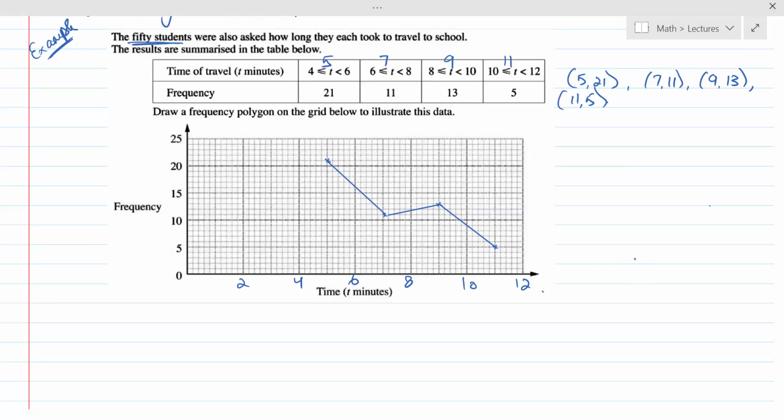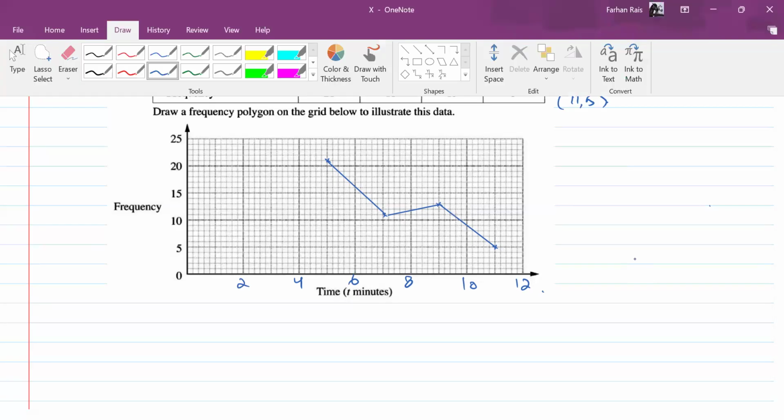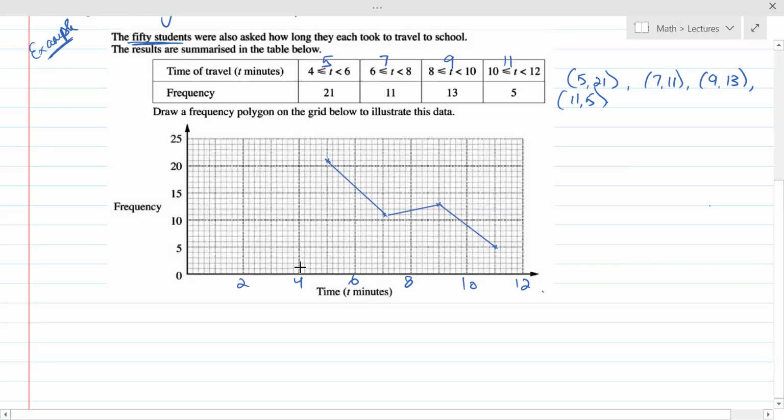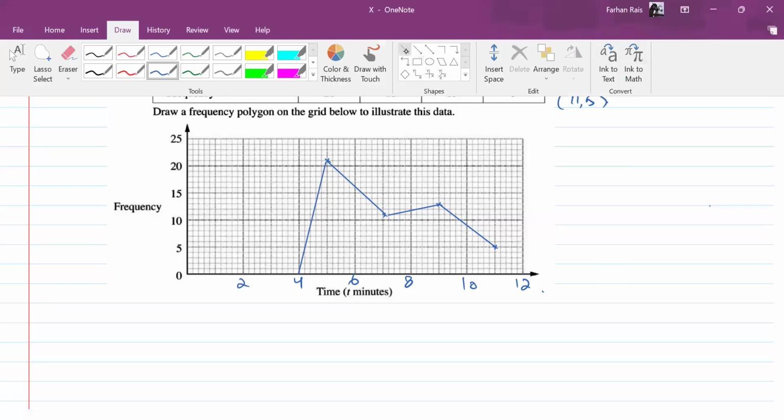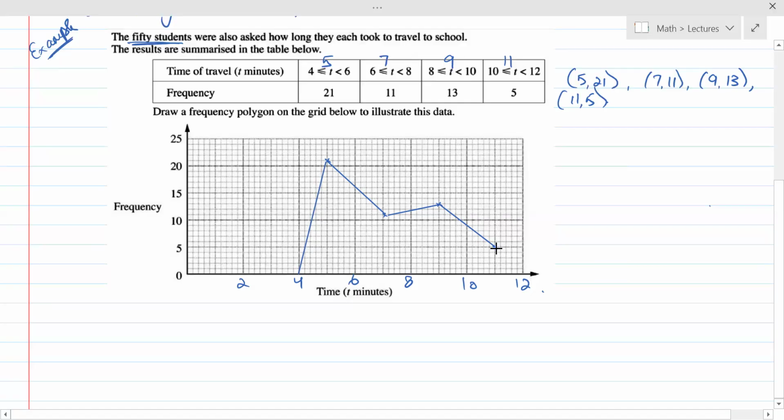So the very first point would be joined to the lower limit of the first class, which is 4. And for the last point, we join it to the upper limit of the last class. So upper limit of the last class means it would be joined till 12. So this is how we draw the frequency polygon.